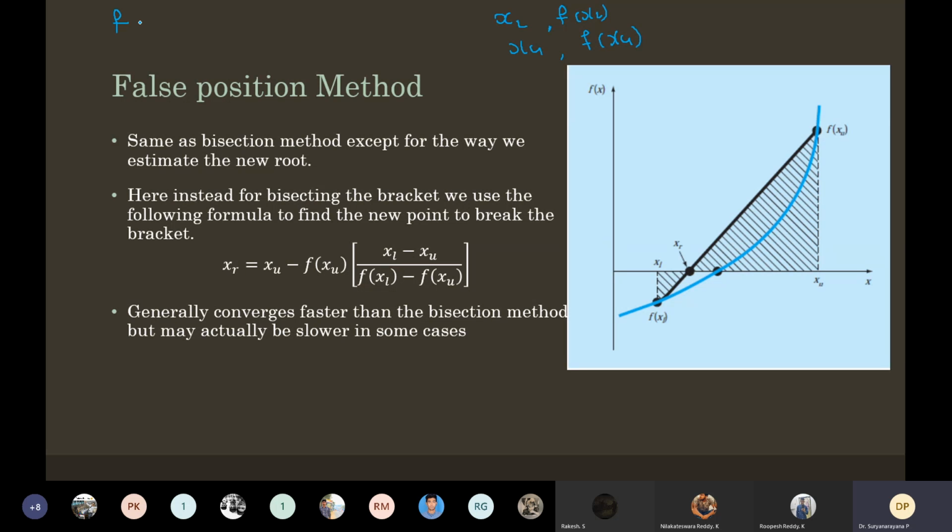is going to be f of x minus f at xl divided by x minus xl is equal to, this is the slope, f at xl minus f at xu divided by xl minus xu.